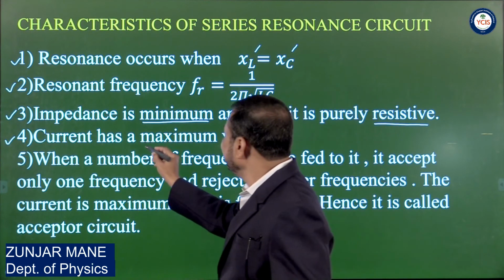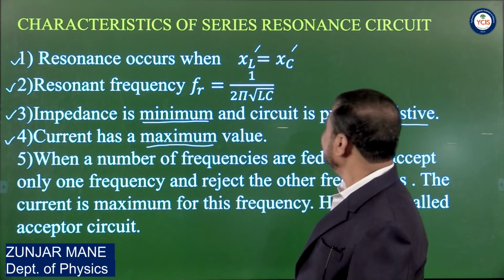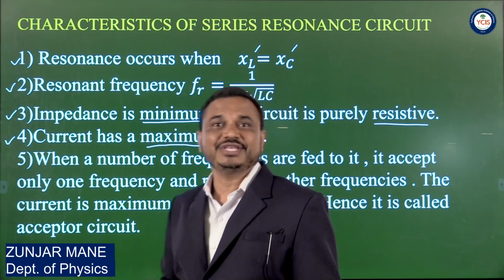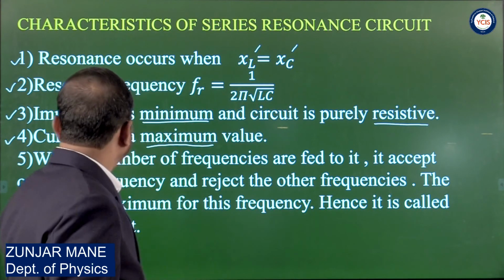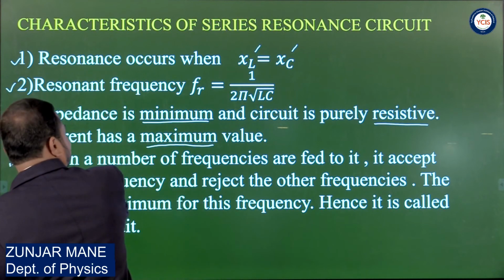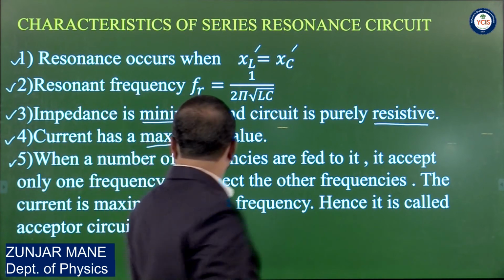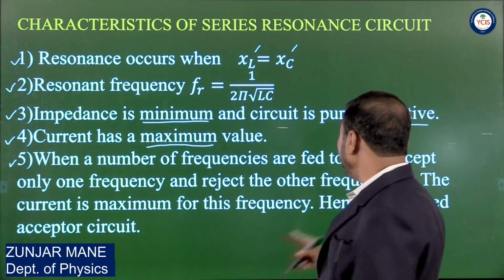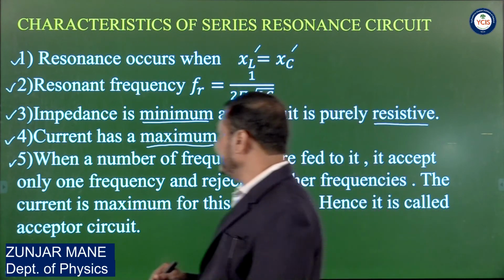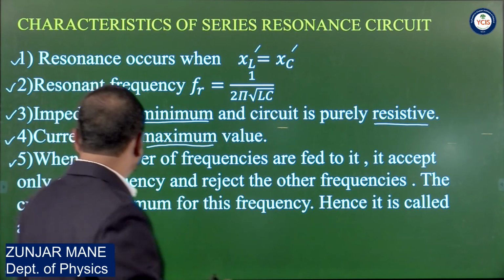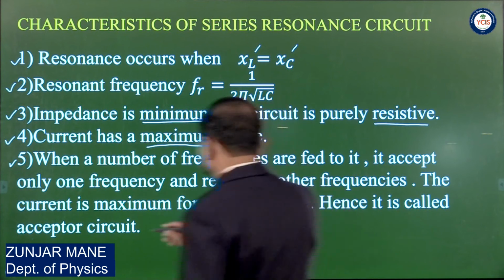The current is maximum, and when Z is equal to R, both E and I are in the same phase. When a number of frequencies are fed to such a circuit, it accepts only FR, one frequency, and rejects all other frequencies, accepting the frequency for which the current is maximum.